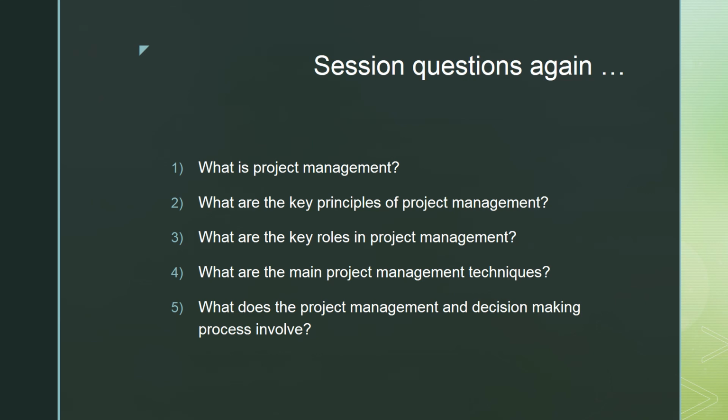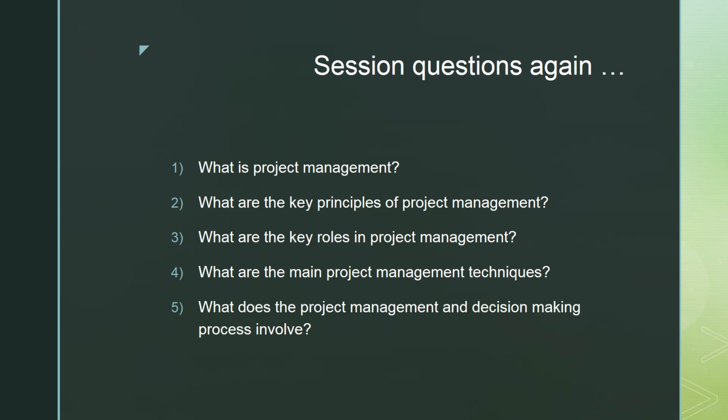Question 2, what are the key principles of project management? Question 3, what are the key roles in project management? Number 4, what are the main project management techniques? And the last question we've just dealt with is, what does the project management and decision-making process involve?